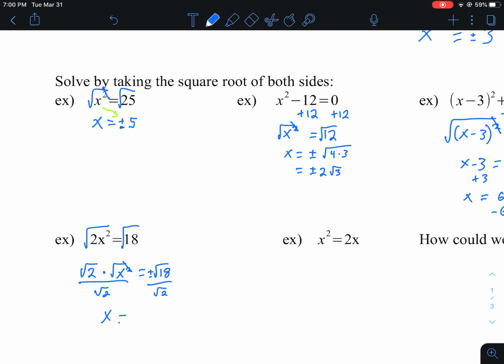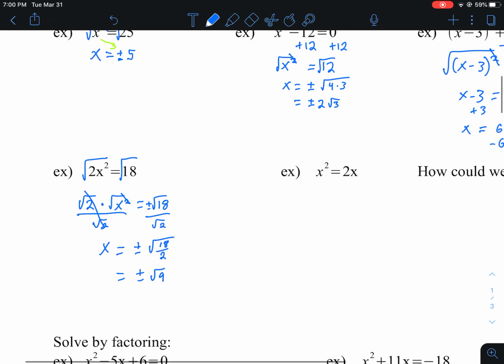So you get x equals plus or minus, now that cancels. The square root of 18 divided by the square root of 2 is the same as 18 over 2, which is 9. And the square root of 9 is then 3. So this one we did the hard way.